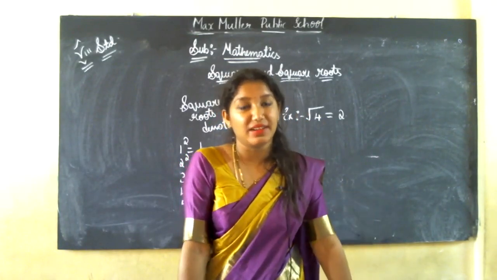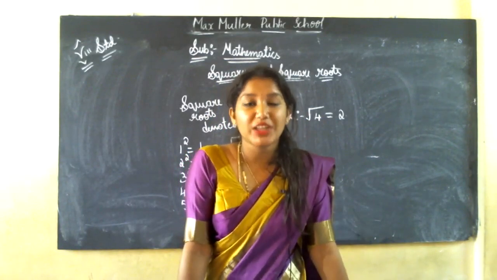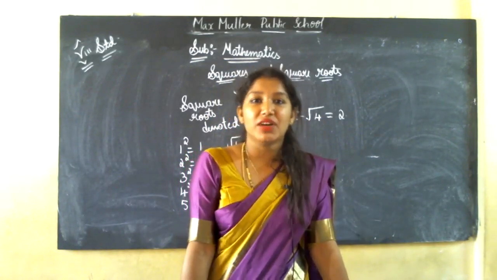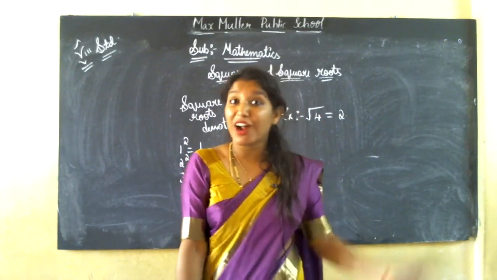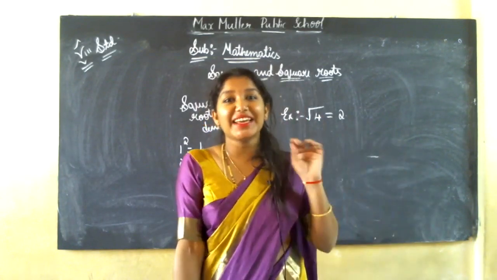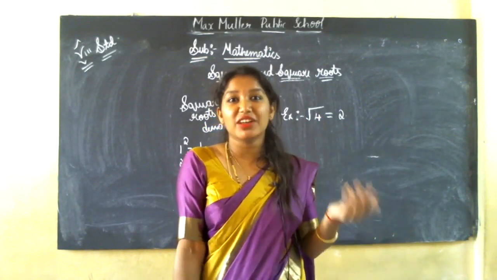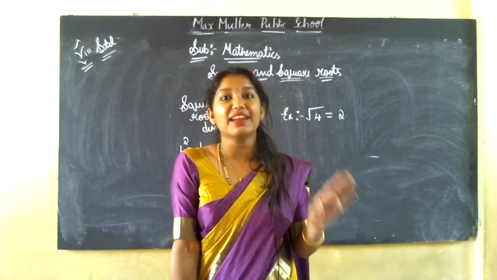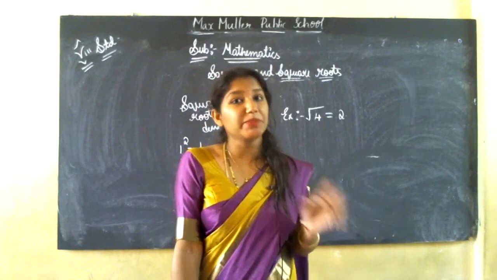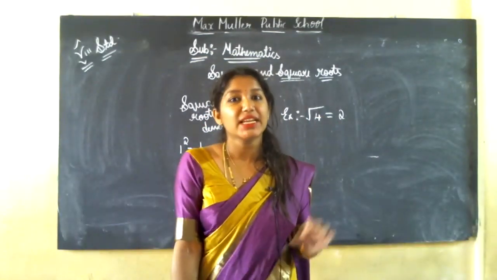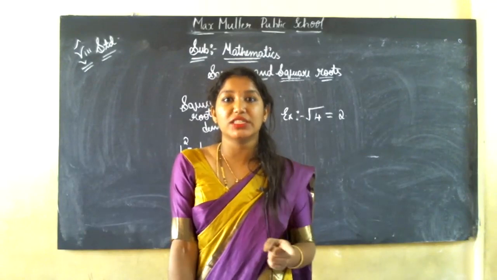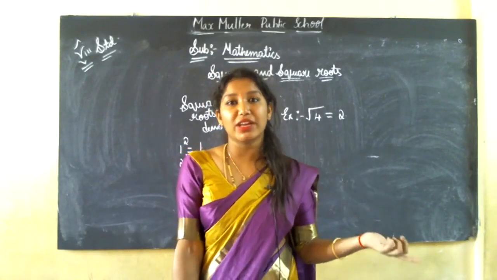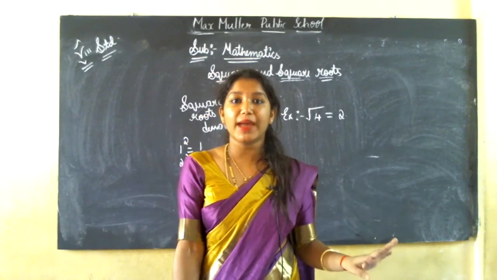For that sake, I'll be giving you the worksheet so that you will come to know how the question paper will be. The same questions from the worksheet will not be repeated, but the concepts will be the same. Understood, students? So I hope you all understood what you have to write in the notes. If you have already written with the older version notes, no problem, okay?